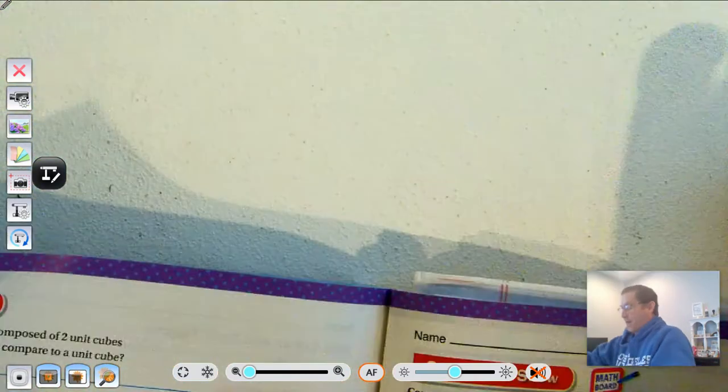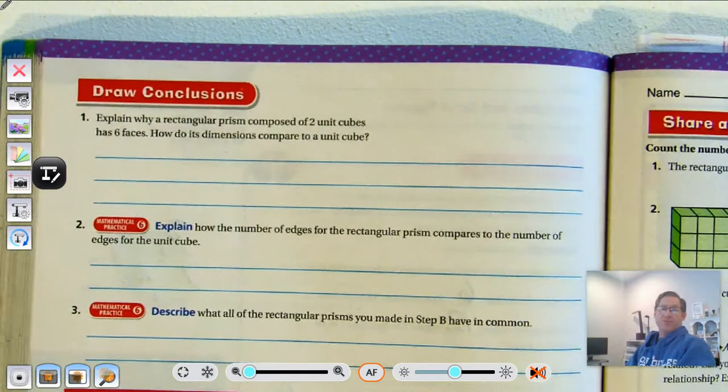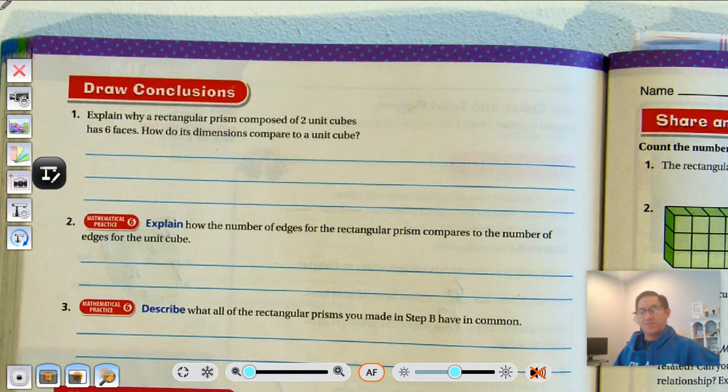All right. So explain why a rectangular prism composed of 2 unit cubes has 6 faces. How do its dimensions compare to a unit cube?